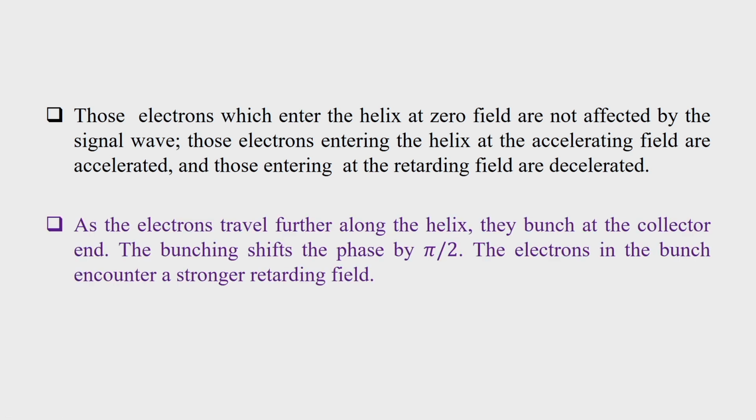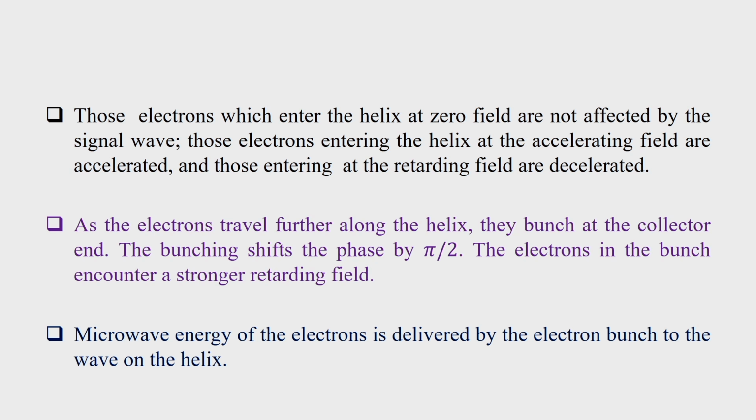As the electrons travel further along the helix, they bunch at the collector end, and bunching shifts the phase by pi by 2. The electrons in the bunch encounter a stronger retarding field. Microwave energy of the electrons is delivered by the electron bunch to the wave on the helix.